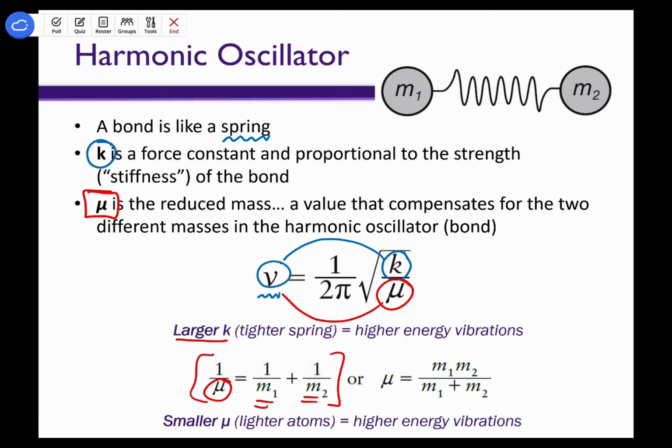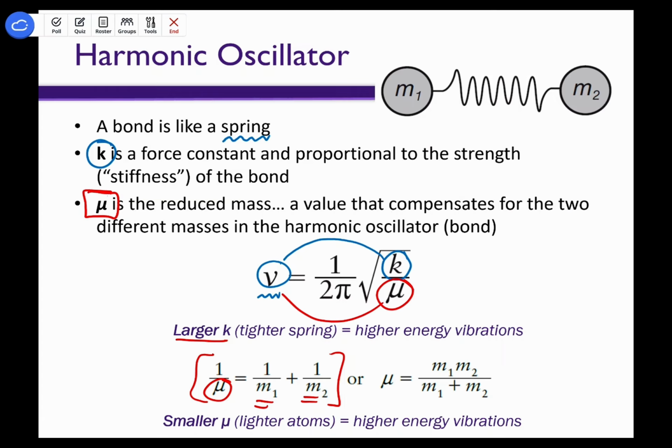So if reduced mass is big, meaning we have really heavy atoms, big denominator means a smaller frequency, lower energy. So big atoms vibrate at lower energy. But if we had a small mu, a small reduced mass, atoms that are lighter, well, a smaller denominator makes the frequency bigger, which means higher energy.